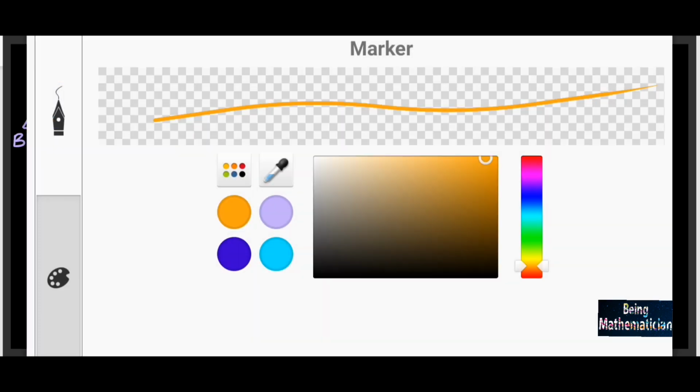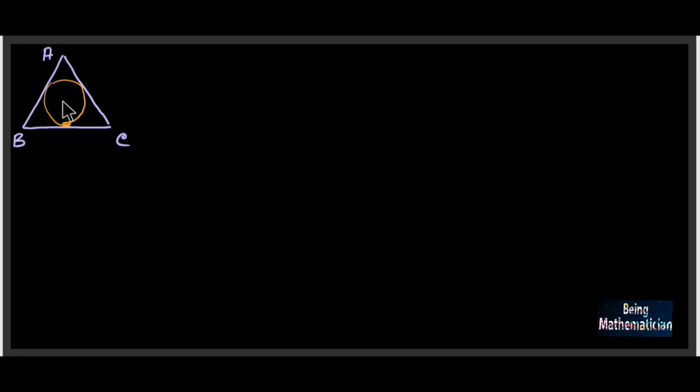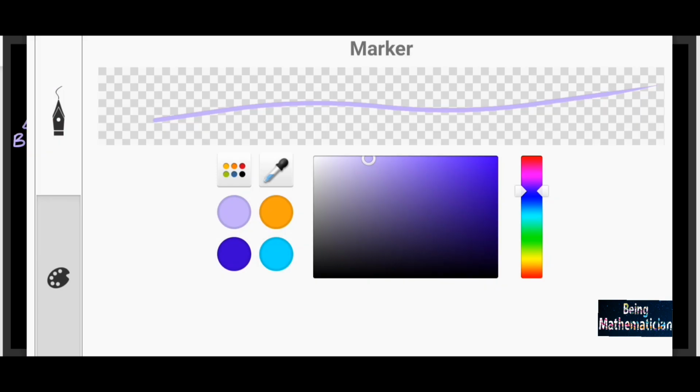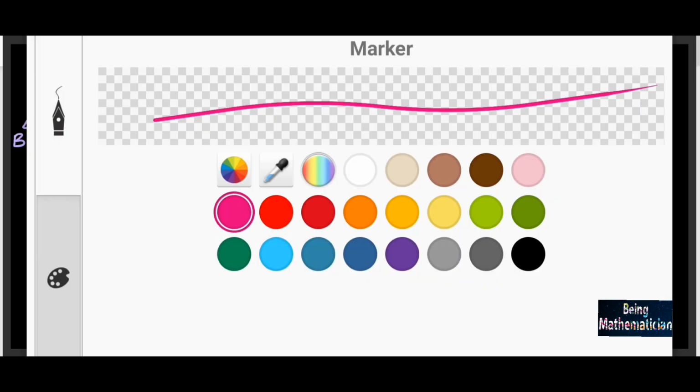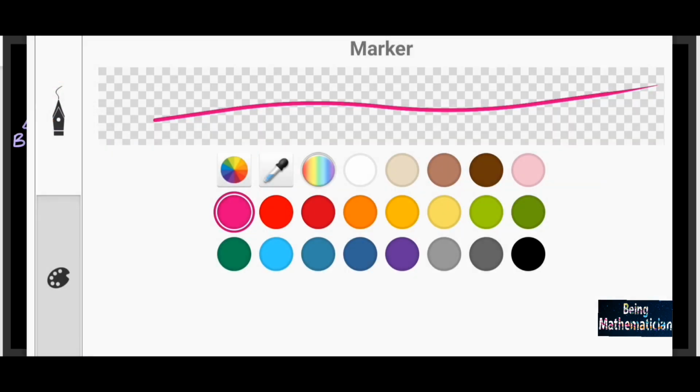Now this is the center of the circle, which is the incenter of the triangle. Now we can draw 3 perpendiculars from the center to the sides, which are the radius of the circle, the inradius. Now join the vertices to the center of the circle.